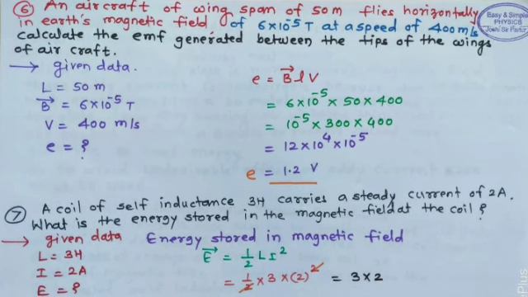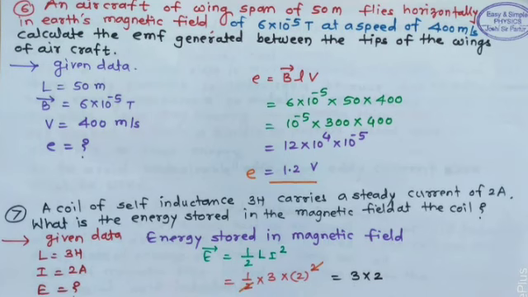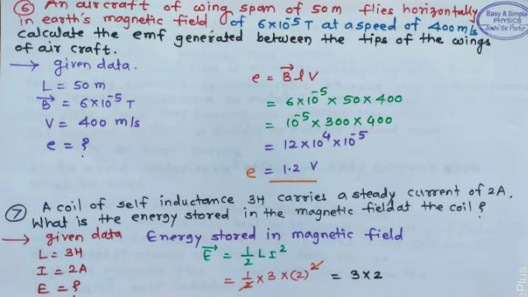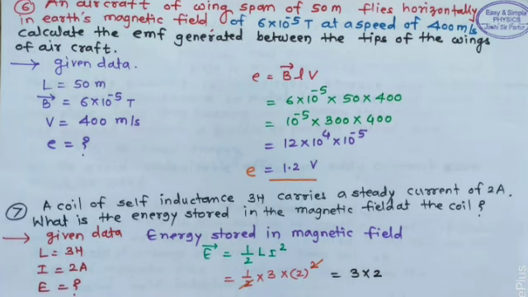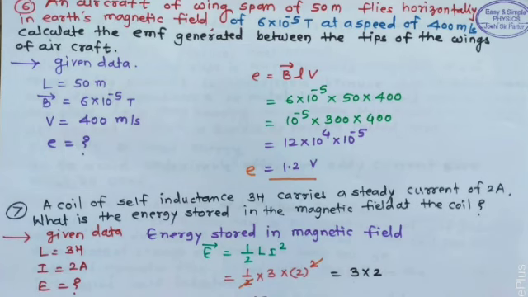An aircraft of wing span 50 meter flies horizontally in the earth's magnetic field of 6 into 10 raised to minus 5 Tesla at a speed of 400 meter per second.